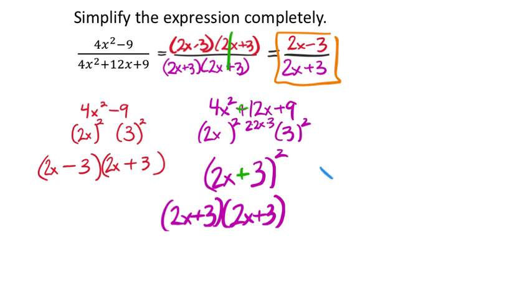We know, and I'm skipping some steps here, x could not equal negative 3/2, not just once, but twice. So that's the domain. Eventually it may ask not just for the simplified expression, but also for the domain, which we've done.